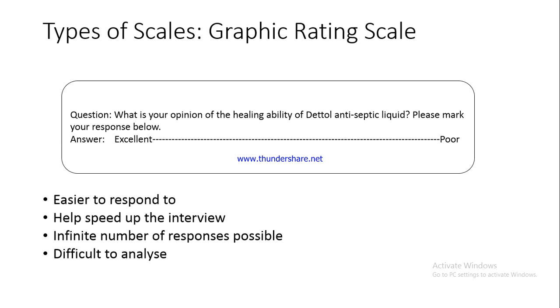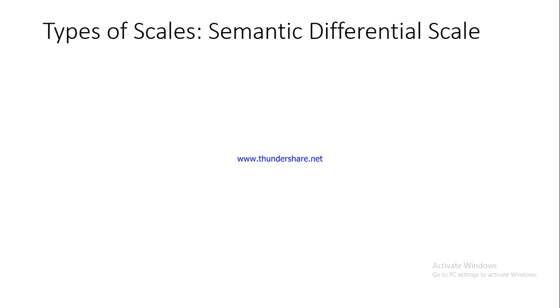If the response has been marked closer to excellent, then the healing ability according to the respondent is good. On the other hand, if it is marked closer to poor, the healing ability is not that good, as far as the perception of the respondent is concerned. So the problem with these kind of scales is that they are very difficult to analyze.